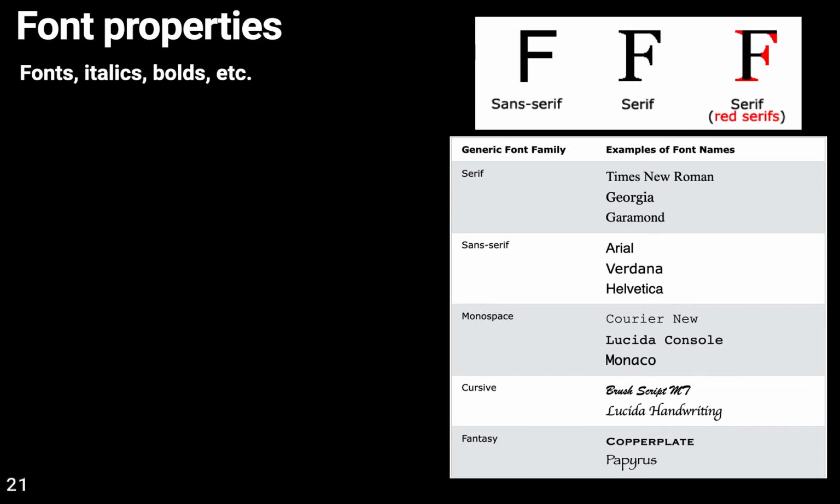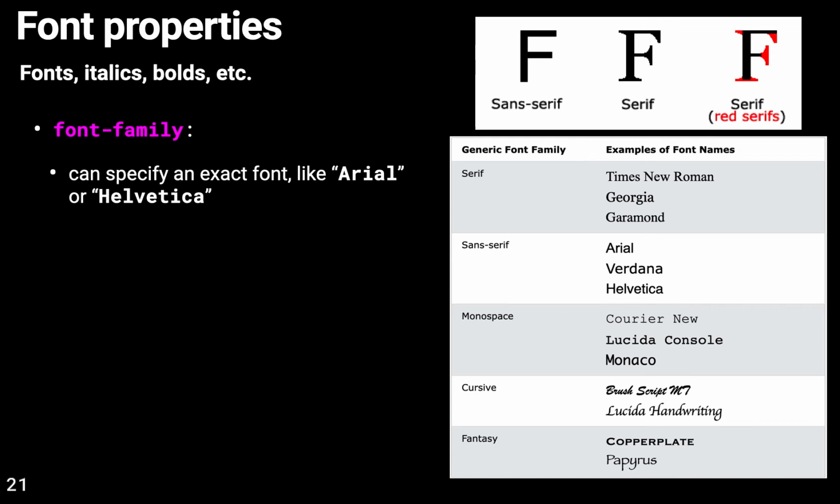Font properties. There are a few different properties associated with fonts that we can change. First is the font family property. This one allows you to specify either exact fonts like Arial or Helvetica, for example. Those are fonts you're probably familiar with, or Times New Roman, right?